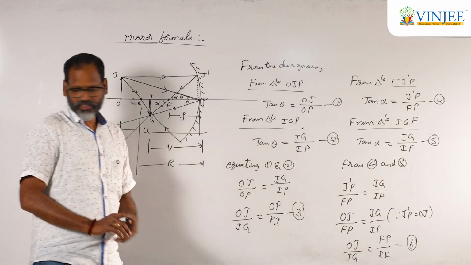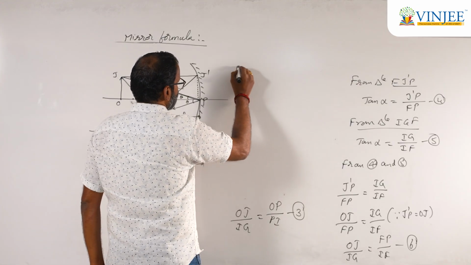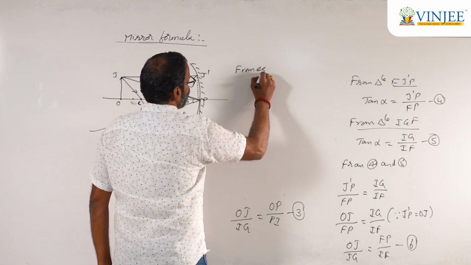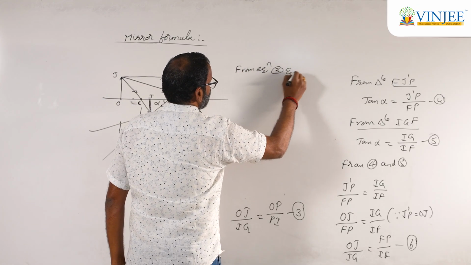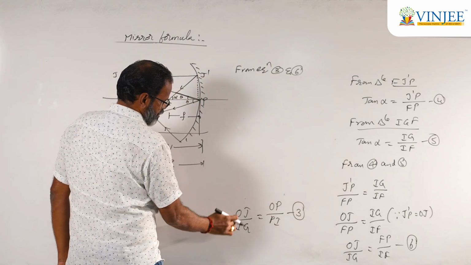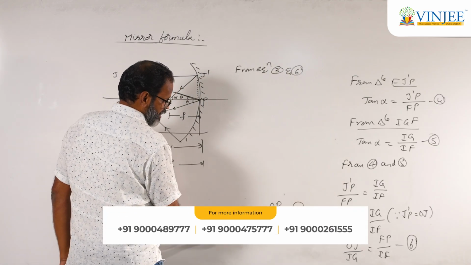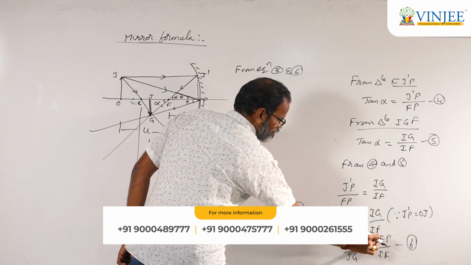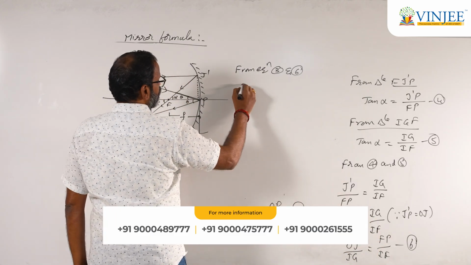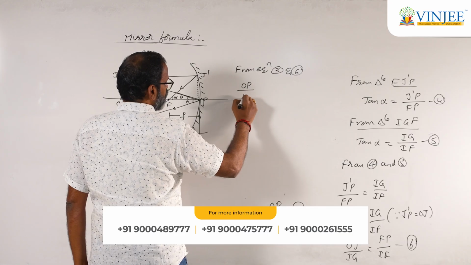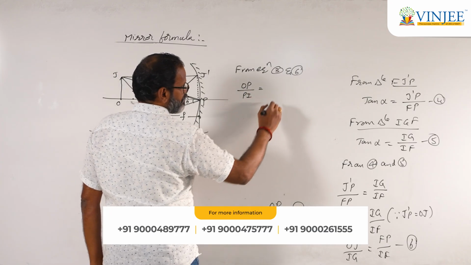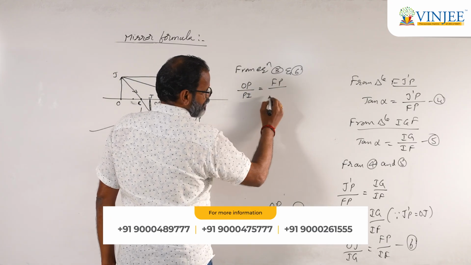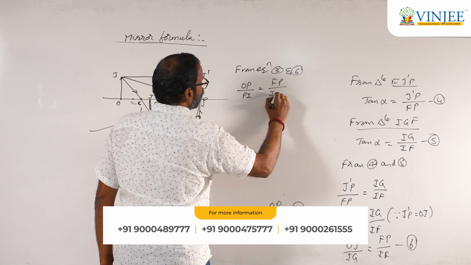I'll erase this part. From equation numbers 3 and 6, OJ by IG is equal to OP by PI, and OJ by IG is equal to FP by IF. That should be written as OP by PI is equal to FP divided by IF.